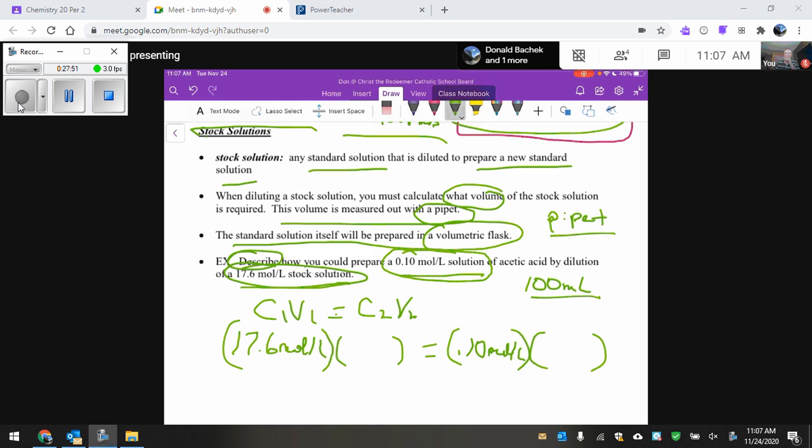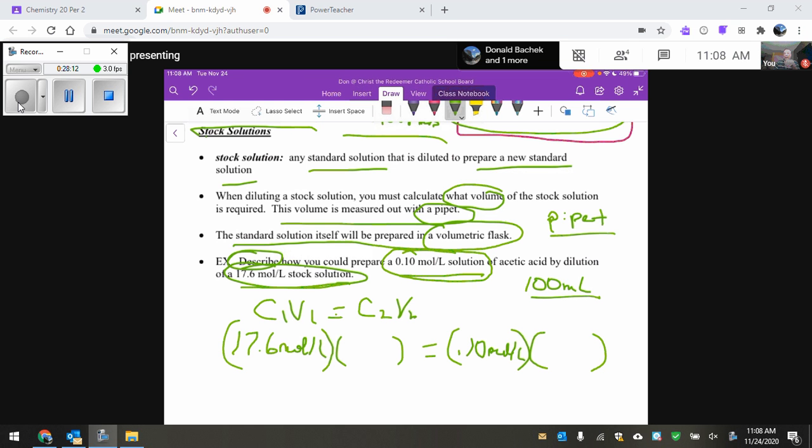Now remember, you're trying to make a new standard solution. The new standard solution, we have to accurately know the concentration of. How do we know the concentration? We make it in a volumetric flask.